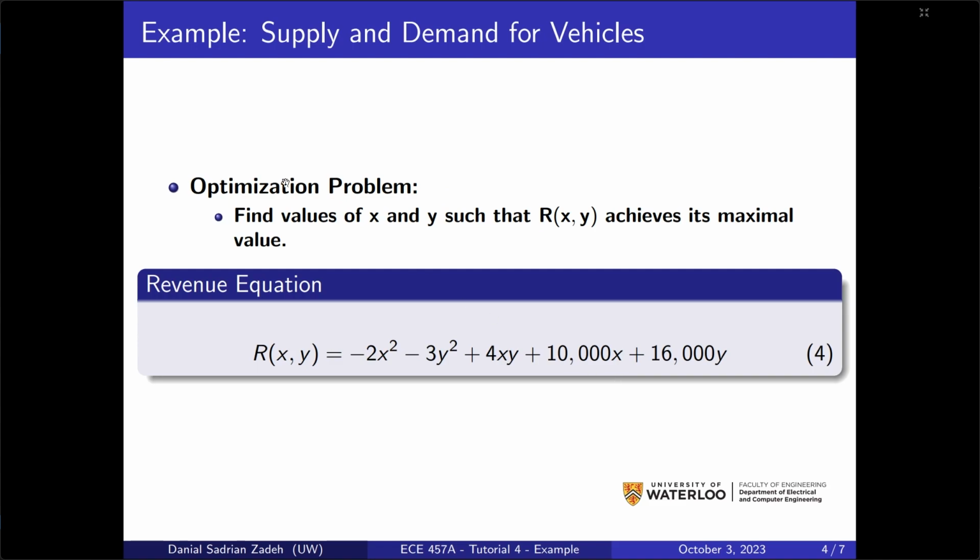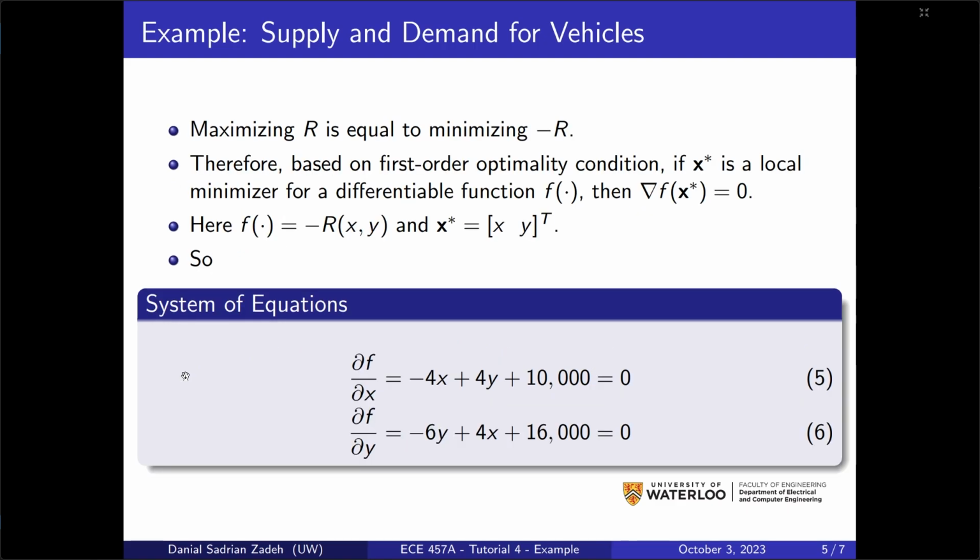So the optimization problem will be finding the values of X and Y such that the revenue achieves its maximal value. Now we can define this optimization problem as a minimization, because maximizing R is actually equal to minimizing negative R.